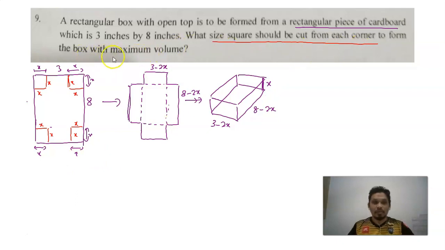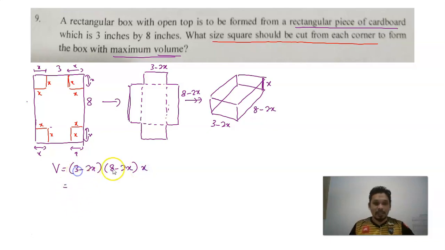With a box with a maximum volume. So then V equal to 3 minus 2x times 8 minus 2x and multiplied with an x.